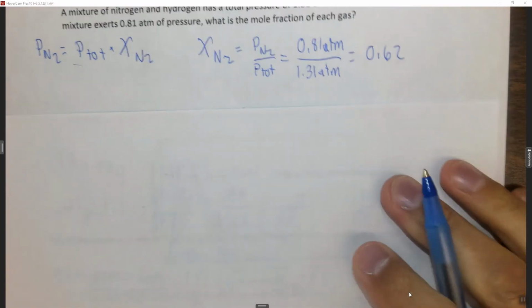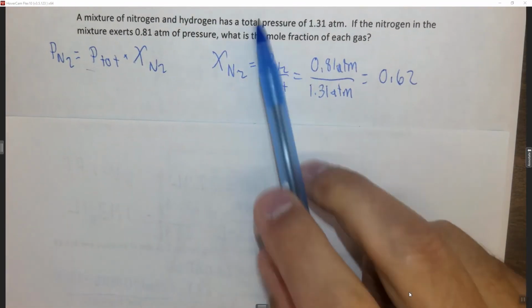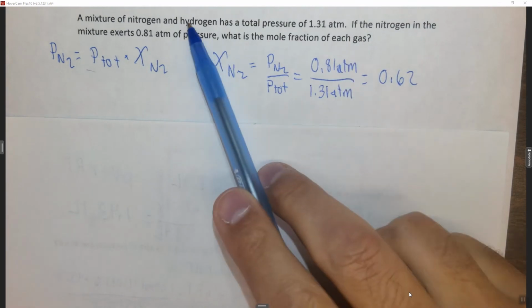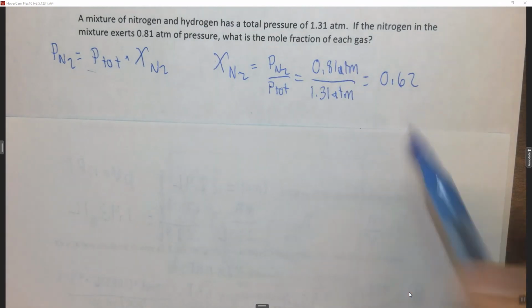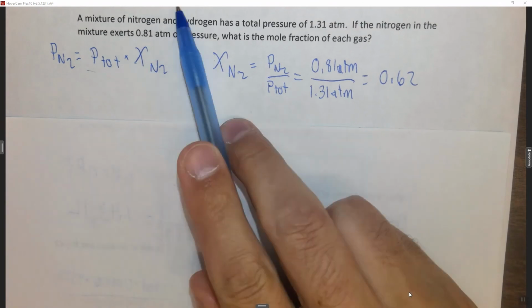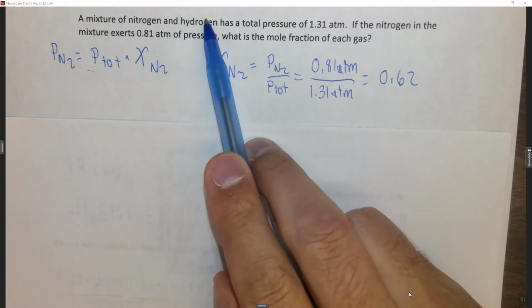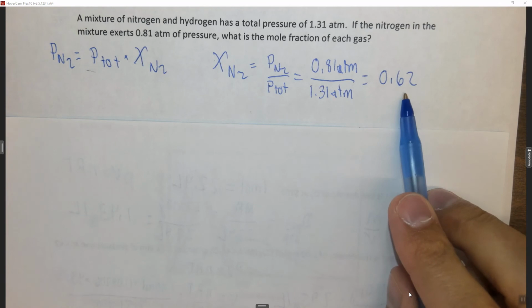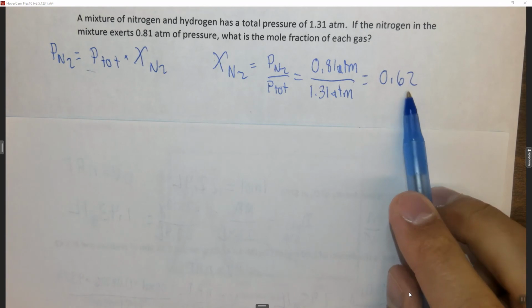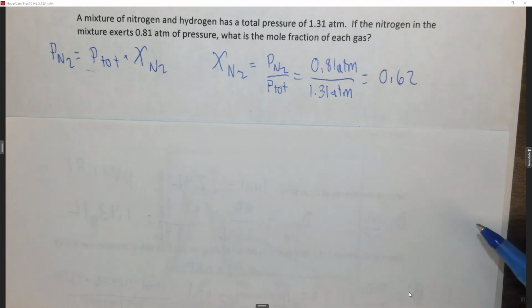Now, there are several ways you could find the mole fraction of the hydrogen, all right? But the easiest way is to realize that this mixture only has nitrogen and hydrogen. So if its mole fraction is 0.62, or said another way, it's 62% nitrogen, the rest of it has to be hydrogen.